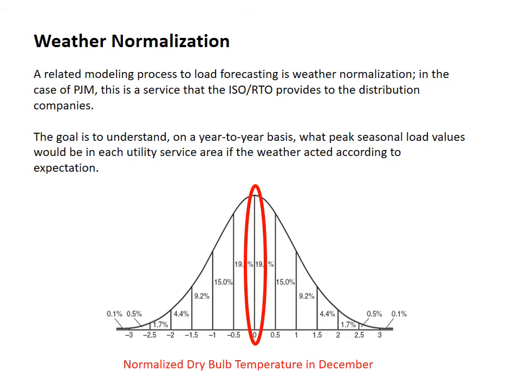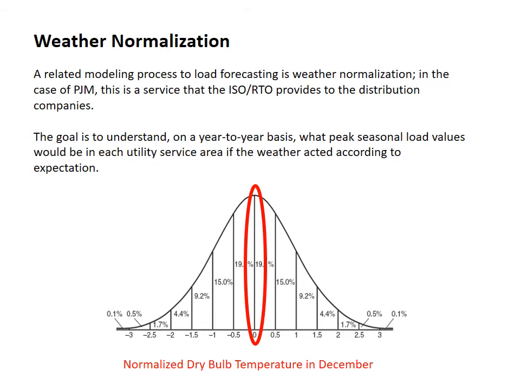It's important to normalize that information for weather, right? Because you don't want to just take last year's data, right? Because some regions might have had an exceptionally warm year, or some regions might have had an exceptionally cold year, or everybody had a cold year, or everybody had a hot year, and you're not just trying to figure out what on average the whole system consumes in a normal year.